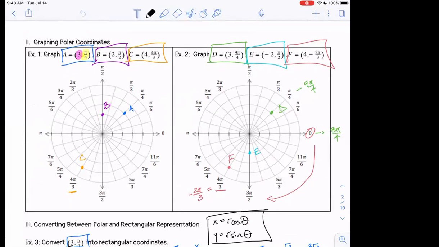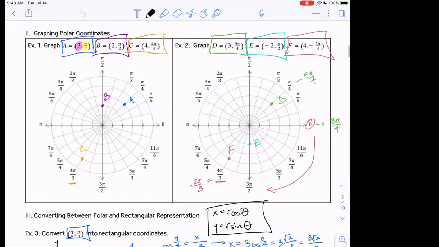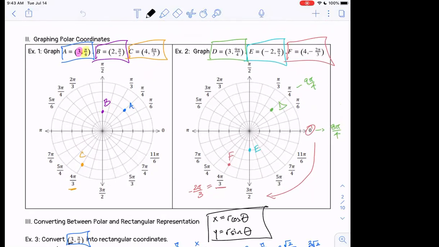If the first number is positive, you go in the direction of the angle, but if it is negative, you go in the opposite direction. And one of the most important takeaways: there can be more than one name for any given point in polar. It's not like rectangular, where you have an x and a y and that's the only name you can call it. There are multiple ways to label a point in polar.